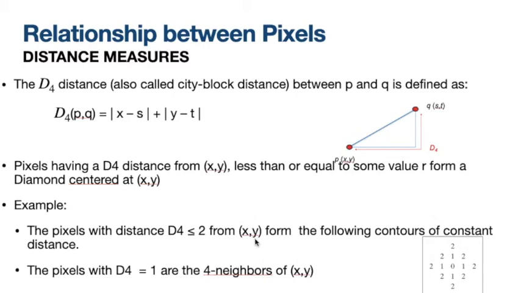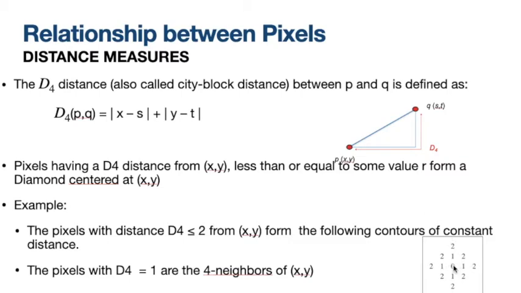So if the pixels have D4 distance from (x, y) less than or equal to some value r, here the value of r is 2, that is D4 distance is less than or equal to 2, all the pixels with this distance from the pixel with coordinate (x, y) form a diamond like this, which is centered at (x, y).